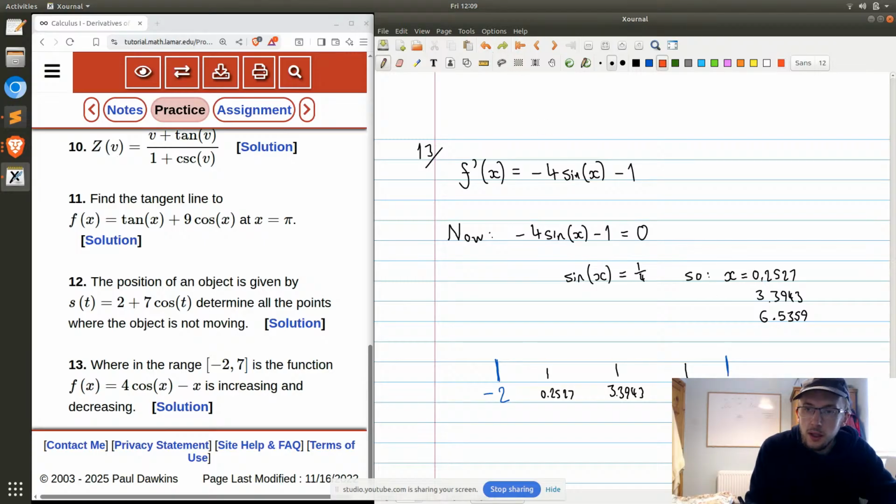It'll do a plus minus pattern somehow, but I need to be sure, and I need to pick something. So I'm going to pick x equals 1. So I'll do -4 times sine of 1 minus 1. And I get a negative number, and therefore where 1 is, it's decreasing.